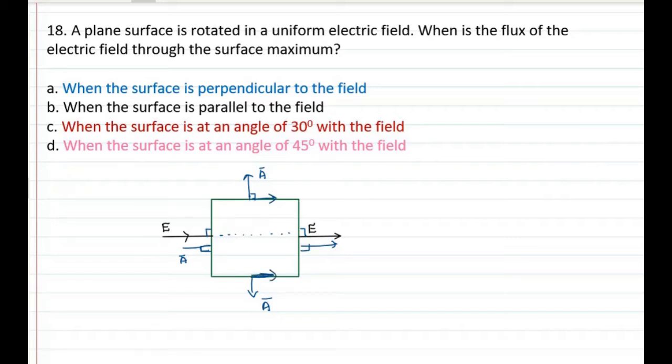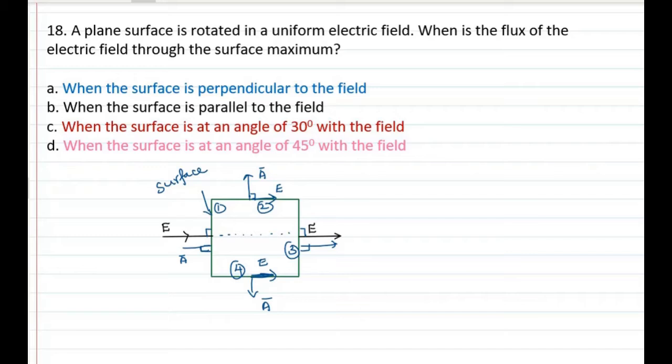Let this be surface 1, this surface 2, this surface 3, and this surface 4. For surface 1 the electric field is perpendicular, and for surface 3 the electric field is perpendicular to the surface. For surface 2 and surface 4 the electric field is parallel to the surface. There are 4 surfaces for this diagram.